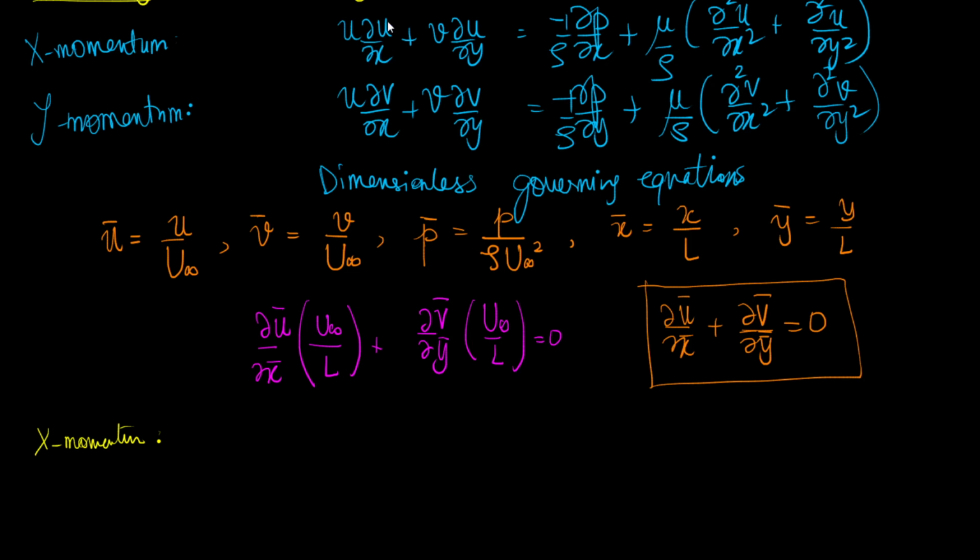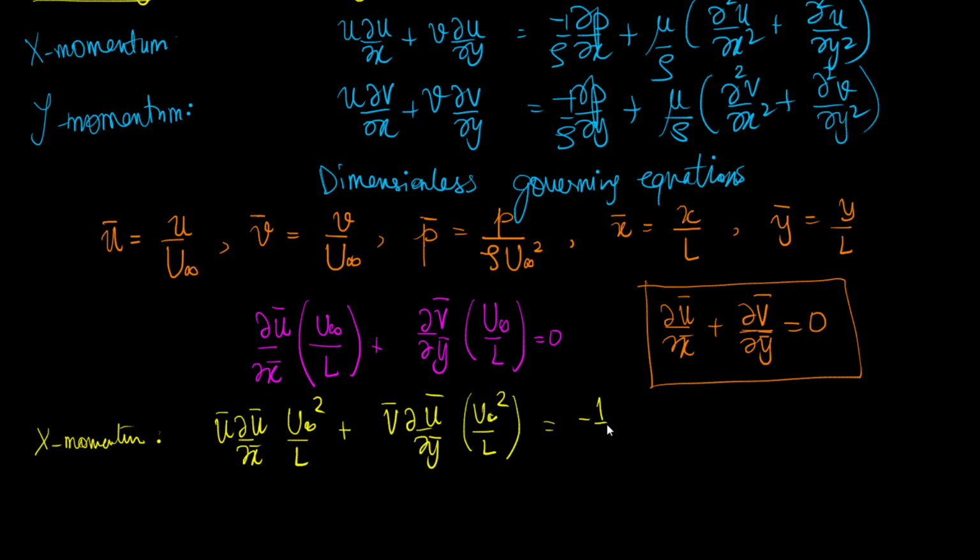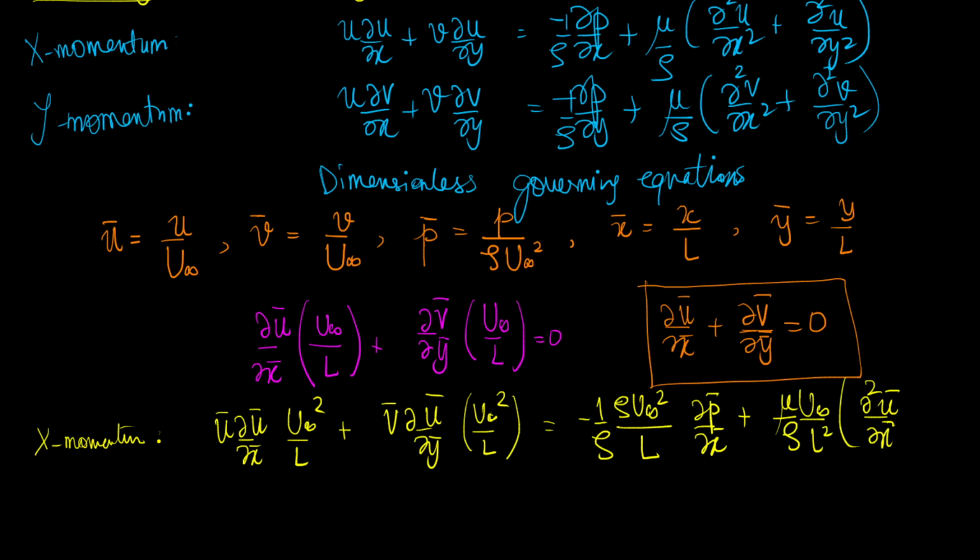So u ∂u/∂x will be u bar ∂u bar/∂x bar times u infinity square upon L. v ∂u/∂y will be v bar ∂u bar/∂y bar times u infinity square upon L. This will be minus 1 upon rho, u infinity square upon L, ∂p bar/∂x bar, plus mu upon rho, u infinity upon L square, (∂²u bar/∂x bar² plus ∂²u bar/∂y bar²).